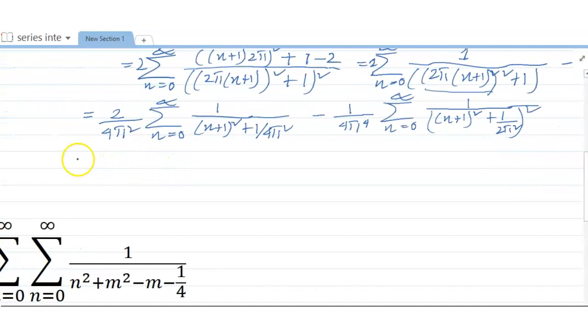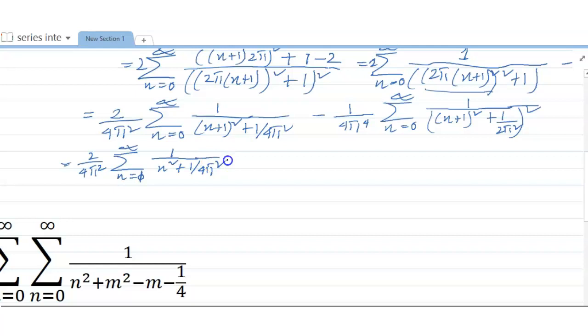So friends, I can write this way: 2 divided by 4 pi square into summation n equals 1 to infinity of 1 by (n square plus 1 by 4 pi square).